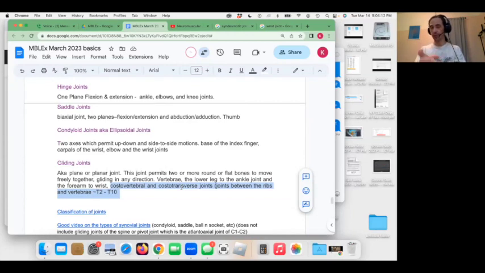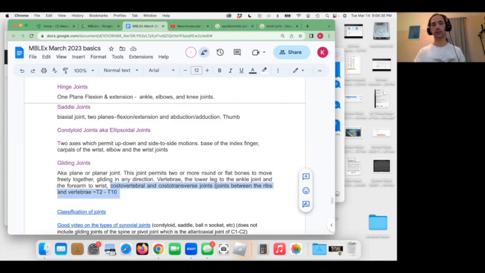Sometimes we see them move forward and get stuck in people who hyperextend their spine a lot: cheerleading, powerlifting, and gymnastics. And I also see it in dancers, ballet dancers. Sometimes it'll move forward a little bit. And then it can move forward and back, side to side, and it can twist.